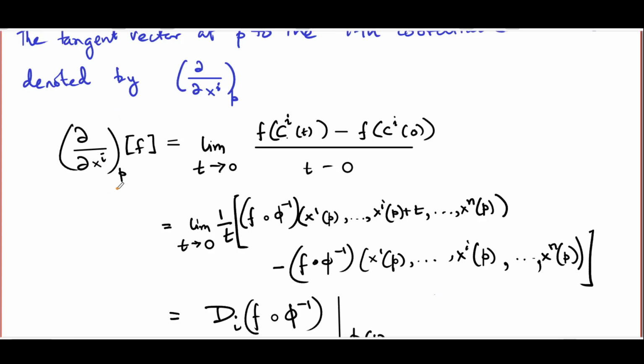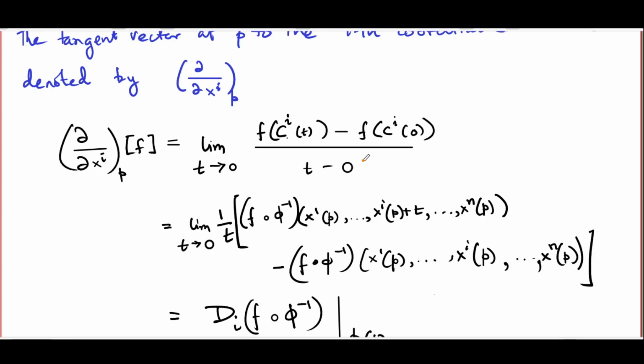Here, of course, the point P is what you get when you put t equal to 0. So you're really looking at the limit as t tends to 0 of this quantity, the ratio between the value of the function at c_i of t minus the value of the function at c_i of 0 in the numerator and t minus 0 in the denominator.